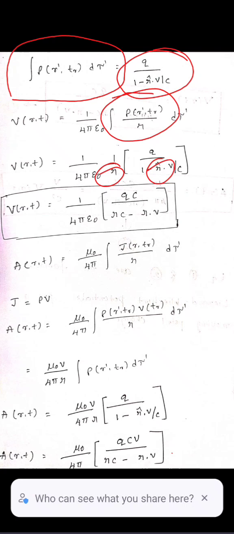So 𝓇 times 𝓇 cap gives the vector 𝓇. Here there is a dot product because of the cos θ, because of the angle of observation. So 𝓇·v, where 𝓇 is only the magnitude, there is no direction.